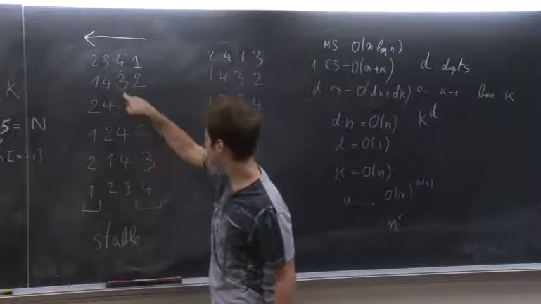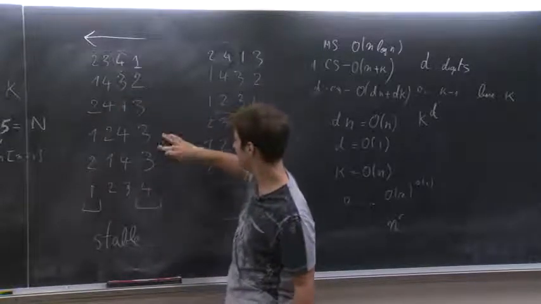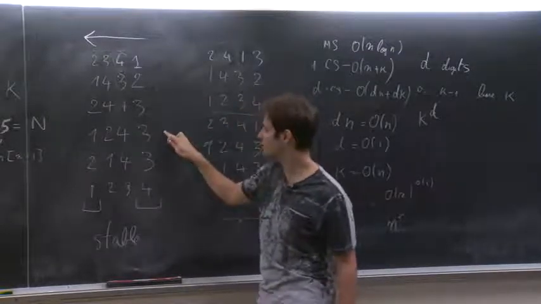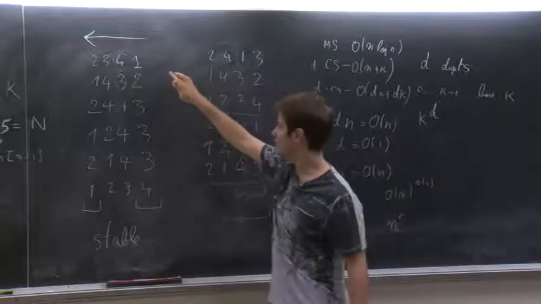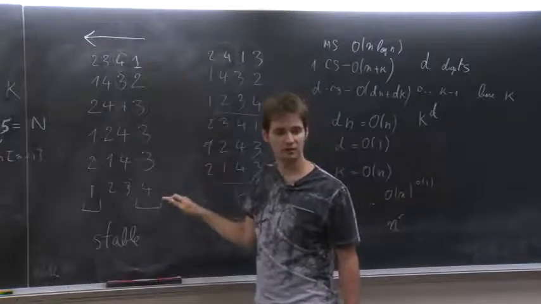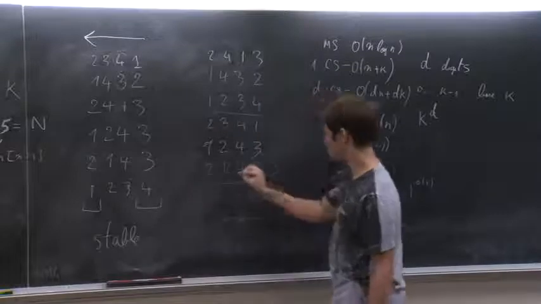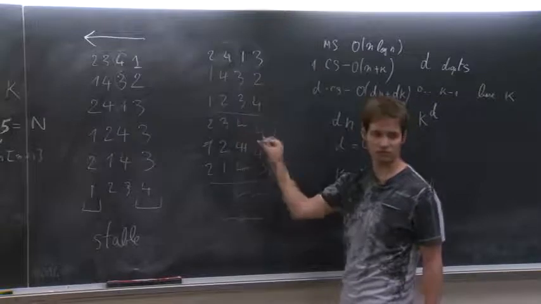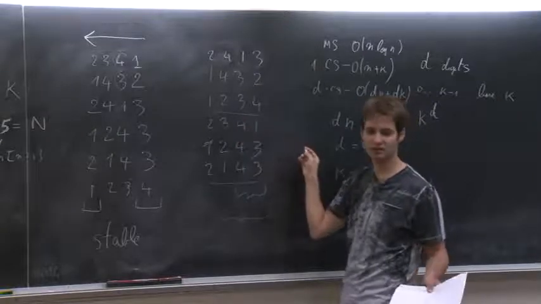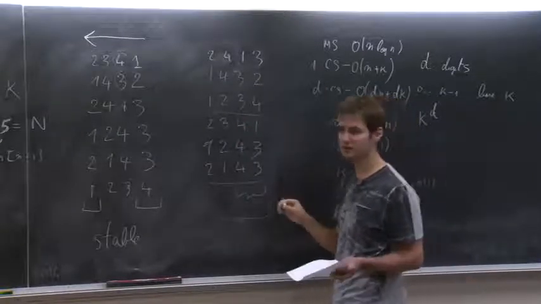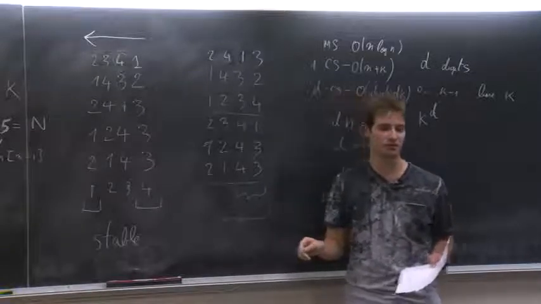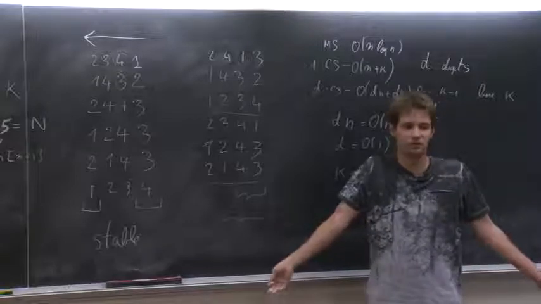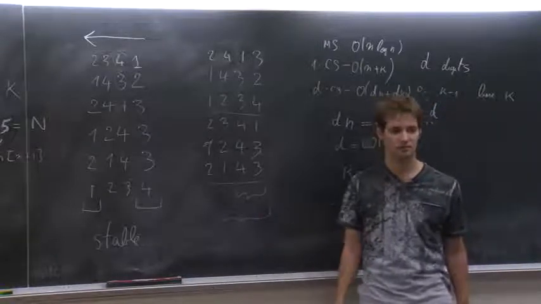So this guy looks like 3, this guy looks like 3, and these 3 guys, although they're different, they look like 4. If I don't output them in the right order, if say I output this one all the way at the end, then I'm going to get 2, 3, 4, 1 down here. And now my numbers aren't sorted by the last 2 digits anymore. So it breaks any algorithm that assumes stability. So stability is something that you get from a sort because it's convenient to assume it in some other algorithm that builds up on that sort. If you don't need it, you don't care about it. But in some cases, you need it.